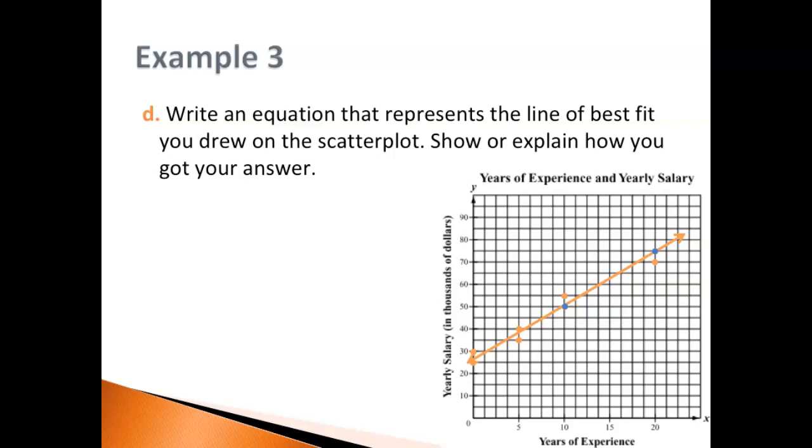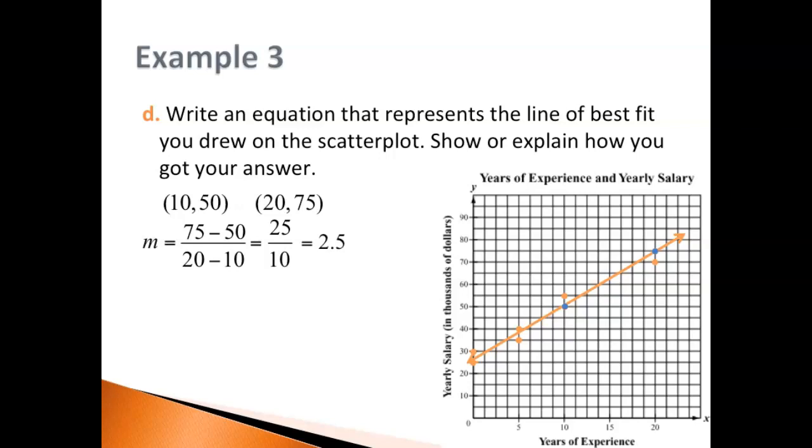So right now, I'm taking the 2 points (10, 50) and (20, 75). I'm going to find the slope. So that's y2 minus y1 over x2 minus x1. So that's 75 minus 50 over 20 minus 10. And that comes out to be 25 over 10, which is 2.5. So that's my slope. So y equals 2.5x plus b.